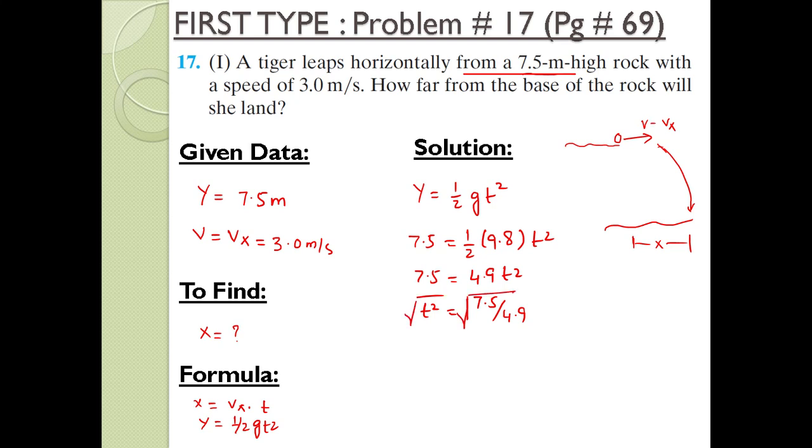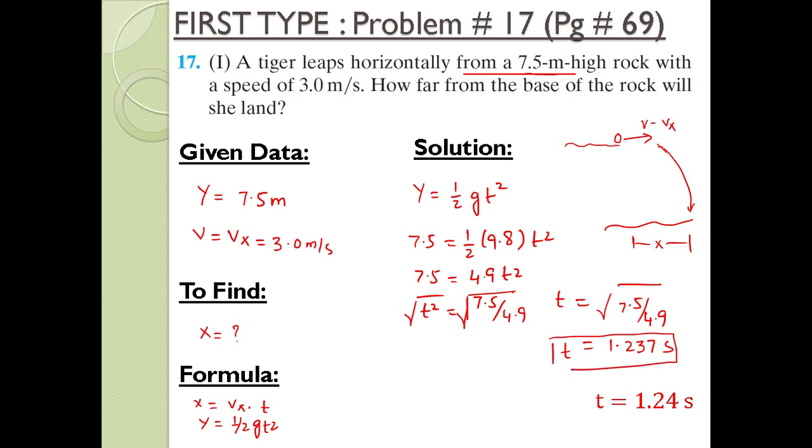So t is equal to radical 7.5 over 4.9. When I solve it, I got time equal to 1.237, and I make it 1.24 seconds. So we got the time for this one.